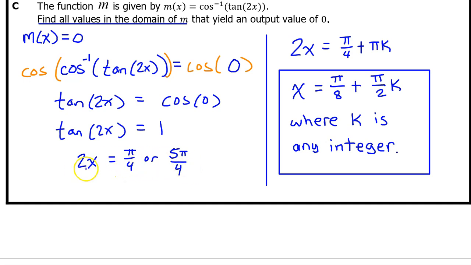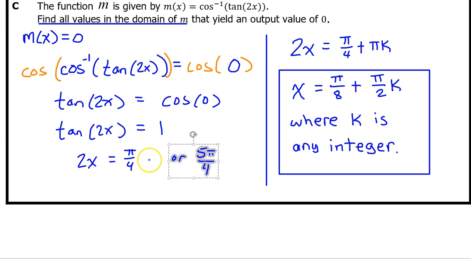So right here, back with the tangent, when we had 2x is equal to pi over 4 or 5 pi over 4, the two solutions that you would have on the interval from 0 to 2 pi, we could have turned this into infinitely many solutions by adding multiples of 2 pi right here.